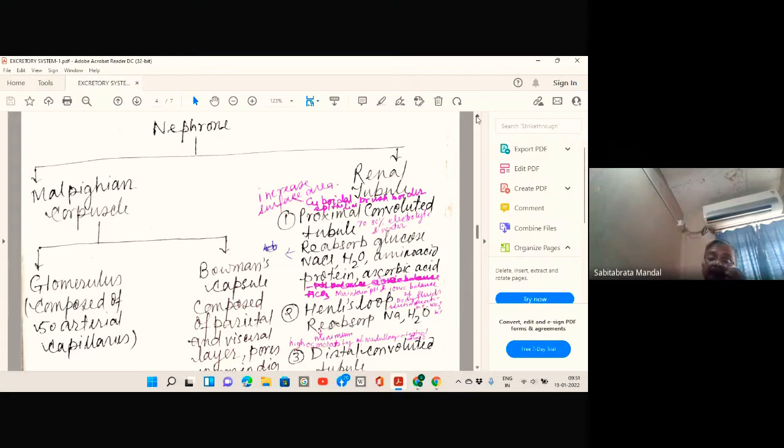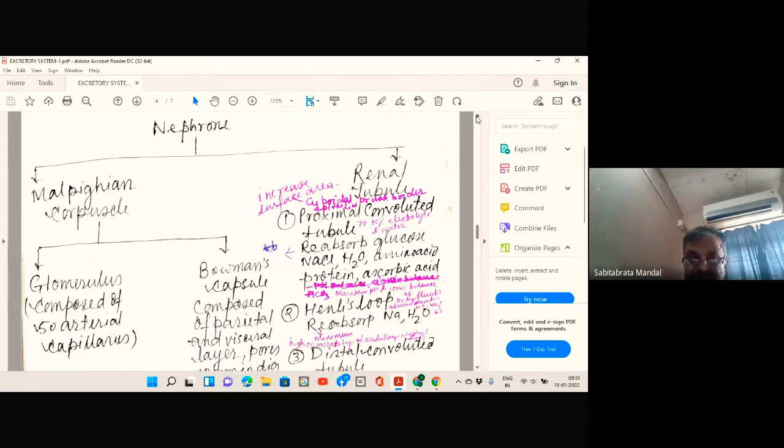Okay. So, now what happens? In the Malpighian corpuscle, that is with the help of glomerulus and Bowman's capsule, the blood is filtered and glomerular filtrate reaches the renal tubule. There, the useful substances will be reabsorbed and harmful substances will be given out of the body.